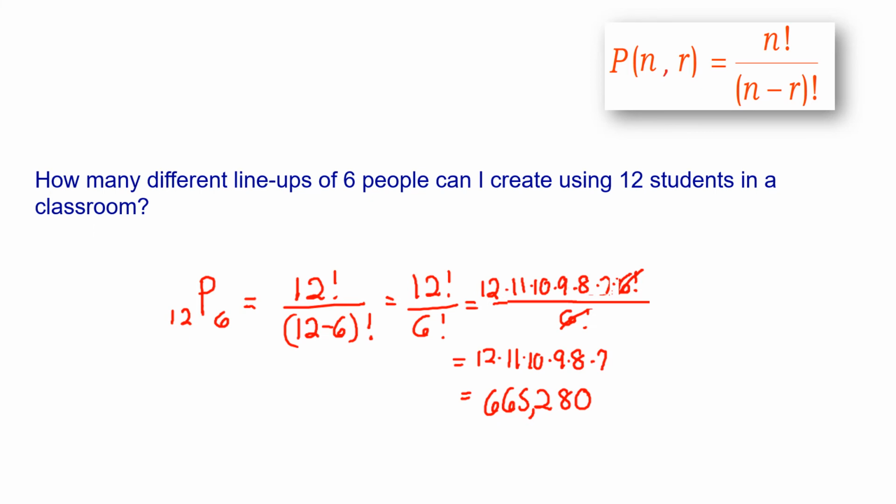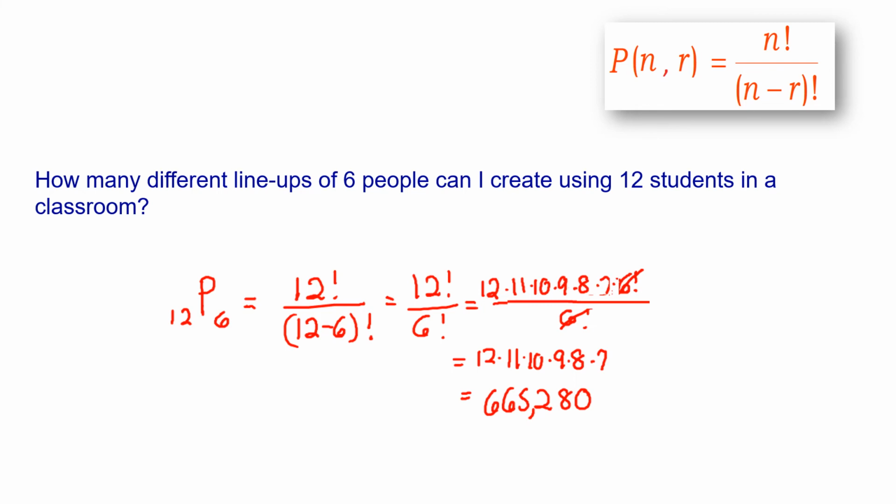But in my problems, I'm always going to go through this little step where I simplify things as much as possible, mostly so that we can see that it can come down to a calculation that doesn't involve factorials and is fairly simple.